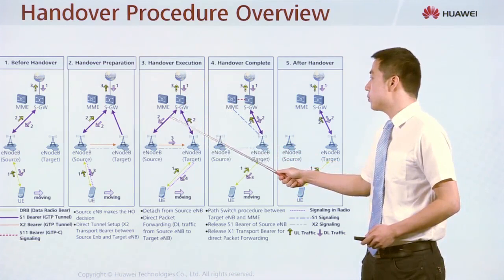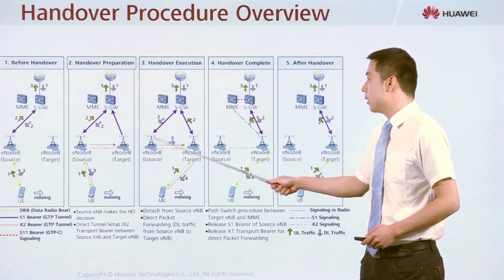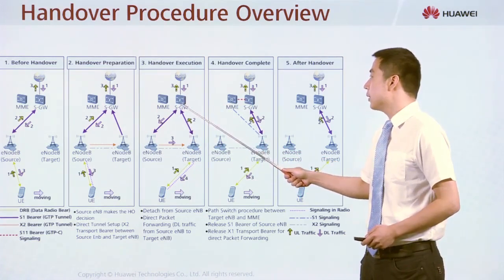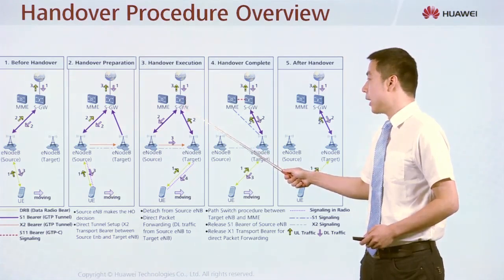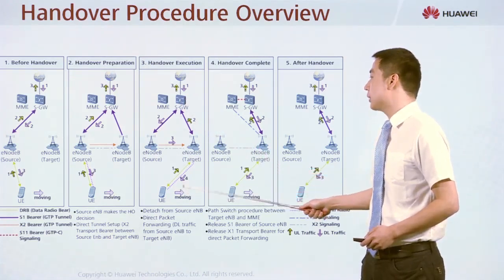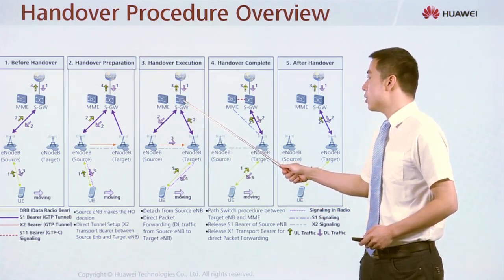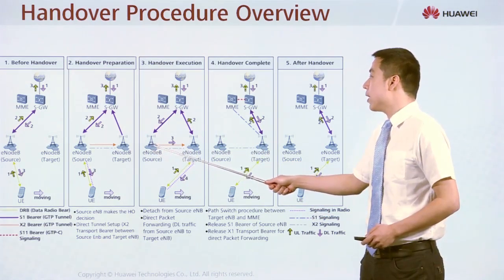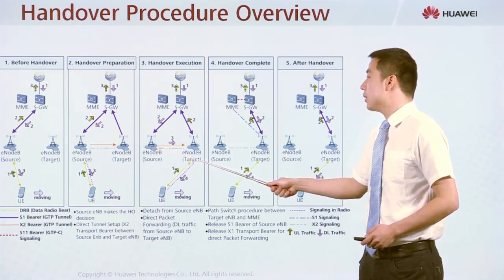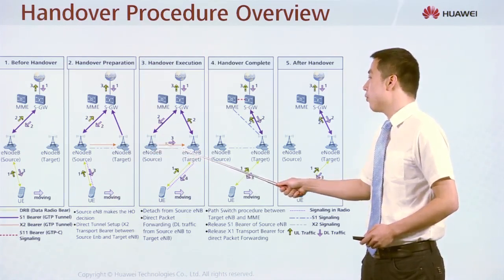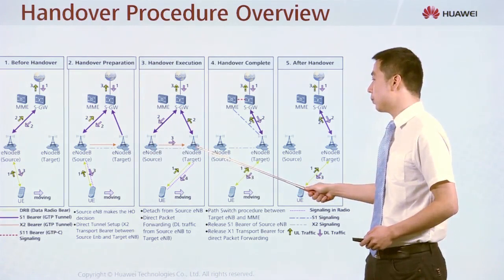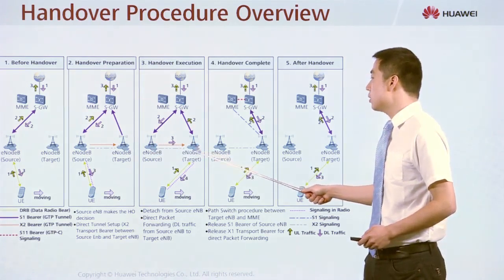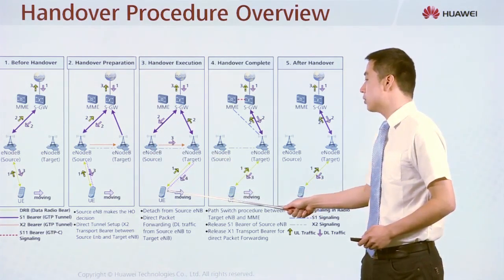Then from the SGW it still goes to the source eNode B, because the SGW doesn't know the user has already handed over to the target eNode B. So it still sends the downlink traffic to the old eNode B. Then the source eNode B, the old eNode B, still forwards the traffic to the new eNode B, and the new eNode B finally sends the traffic to the UE.